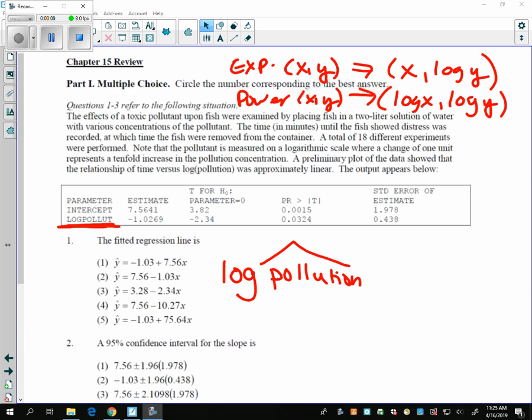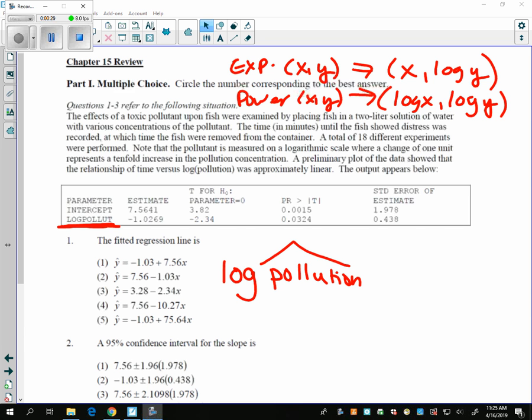Okay, so chapter 15, we were talking about this question about them adding toxins into the lake and watching fish die, basically. That's what is going on, though.